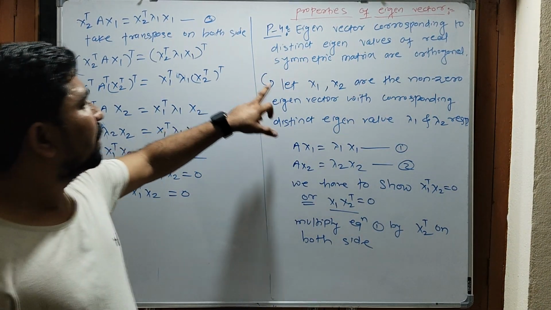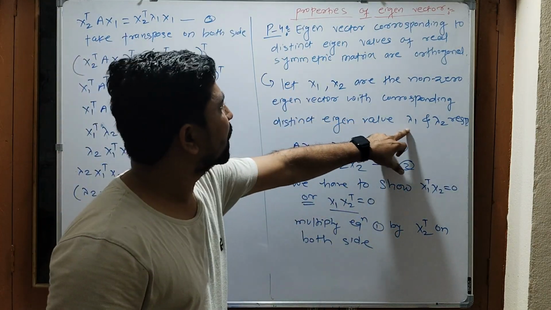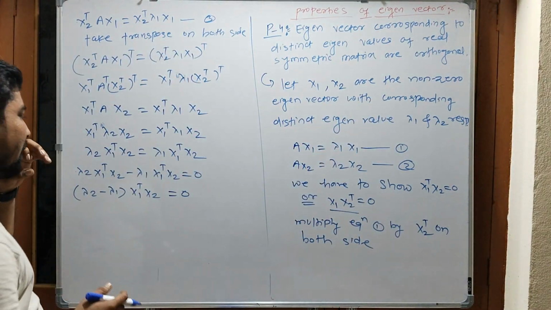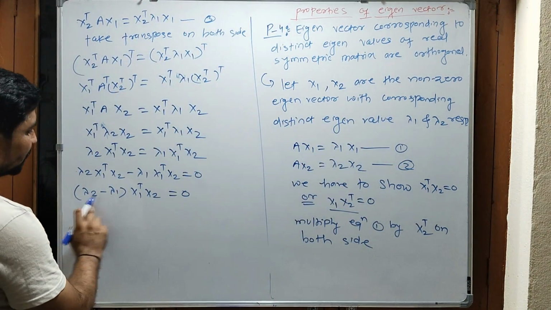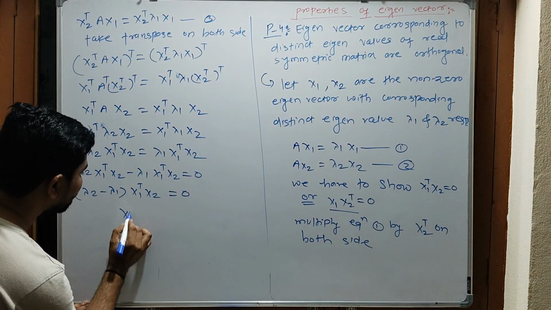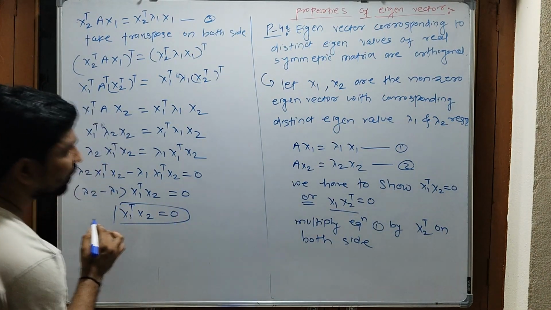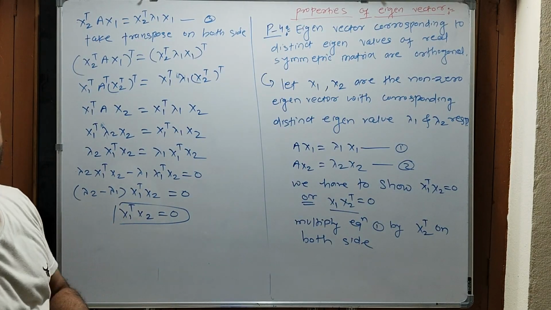You can observe that these two eigenvalues, lambda 1 corresponding to x1 and lambda 2 corresponding to x2, are distinct, which means their difference is not 0. Since this is not 0, x1 transpose x2 equals 0.